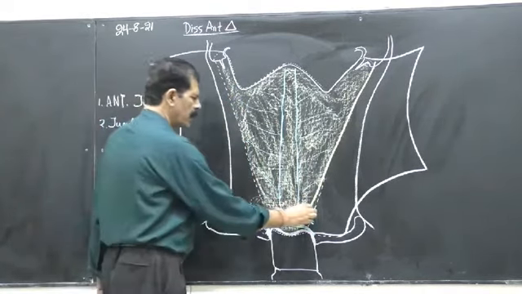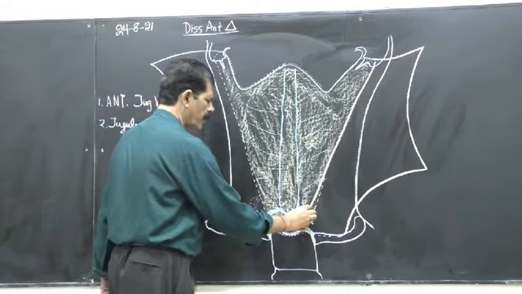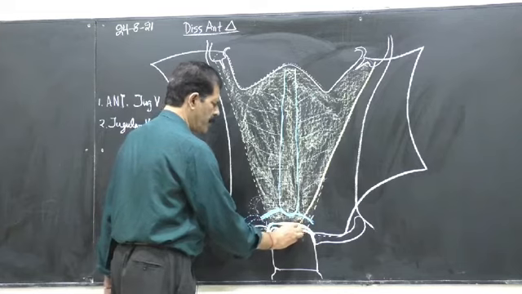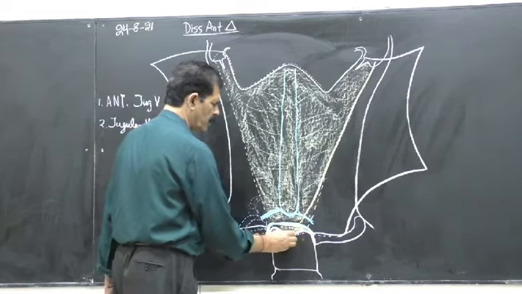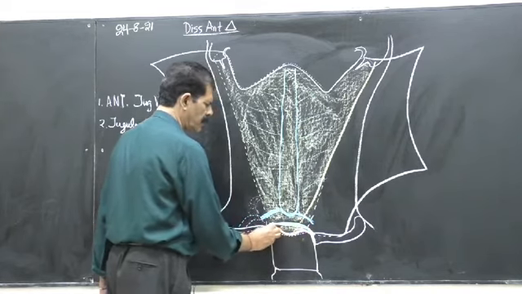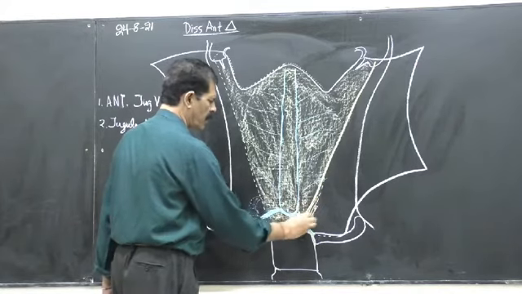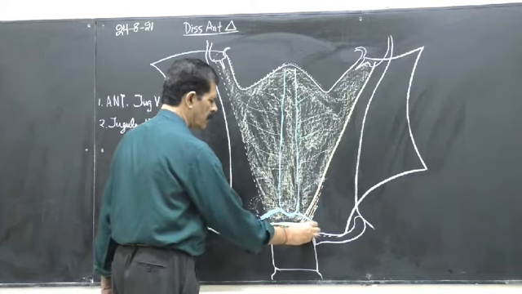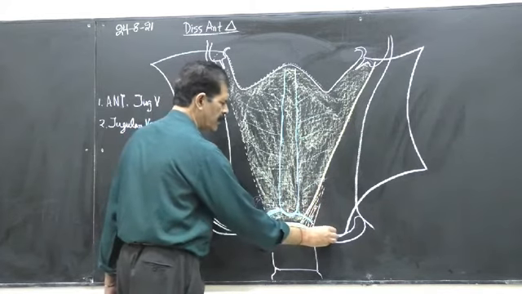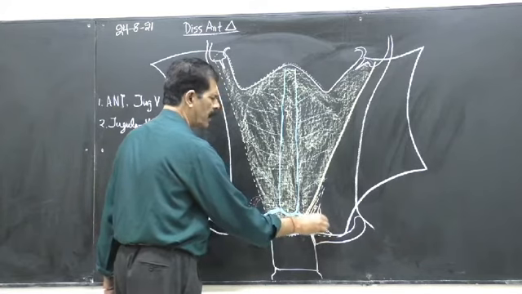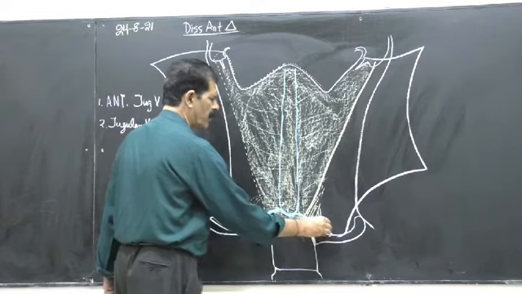Sterno means it takes origin from the sternum, that is the manubrium sterni. So this is the origin of the sternal head from the sternal notch. And cleido means it takes origin from the medial 1/3 of the clavicle. So this is the clavicular head of sternocleidomastoid.